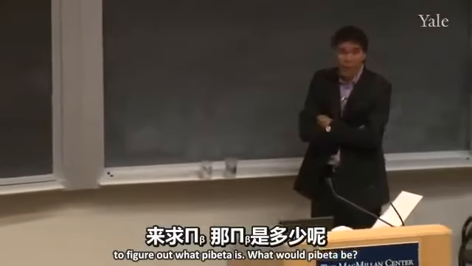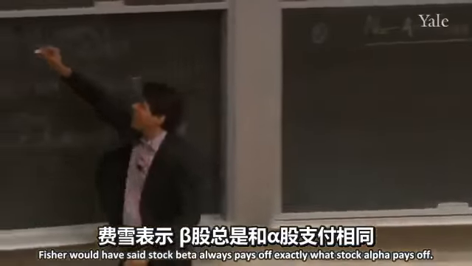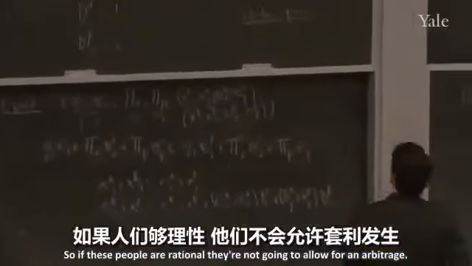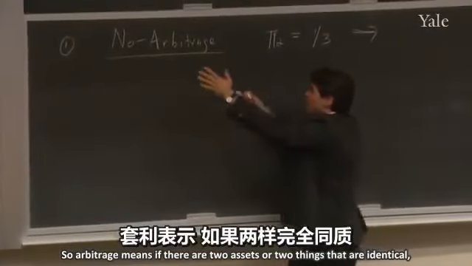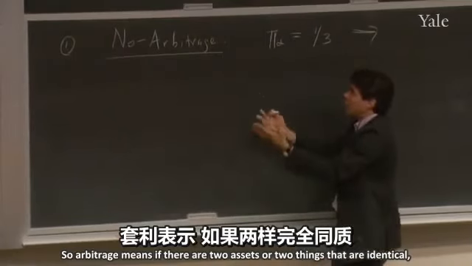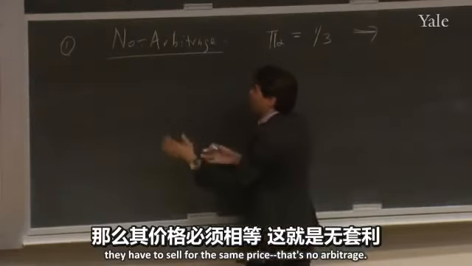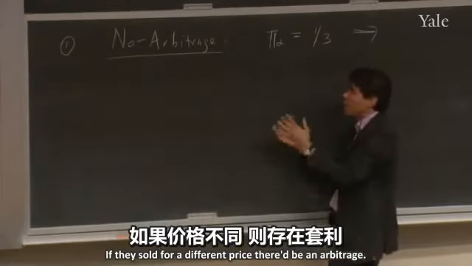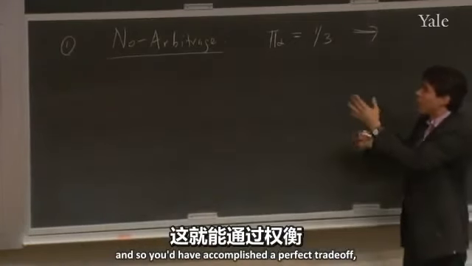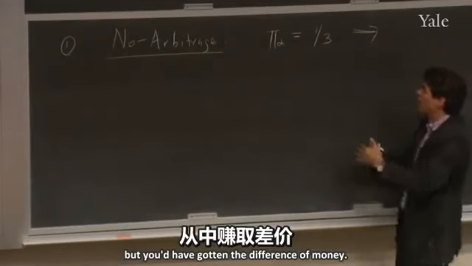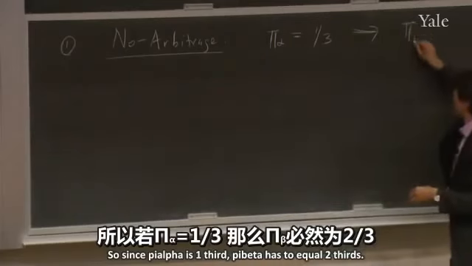What must pi beta be? Well, Fisher would have said stock beta always pays off exactly what stock alpha pays off. So if these people are rational, they're not going to allow for an arbitrage. Arbitrage means there are two assets or two things that are identical. They have to sell for the same price. That's no arbitrage. If they sold for a different price, there'd be an arbitrage. You'd sell the more expensive one and buy the cheaper one. And so you'd have accomplished a perfect trade-off, but you'd have gotten the difference of money. So since pi alpha is 1/3, pi beta has to equal 2/3.